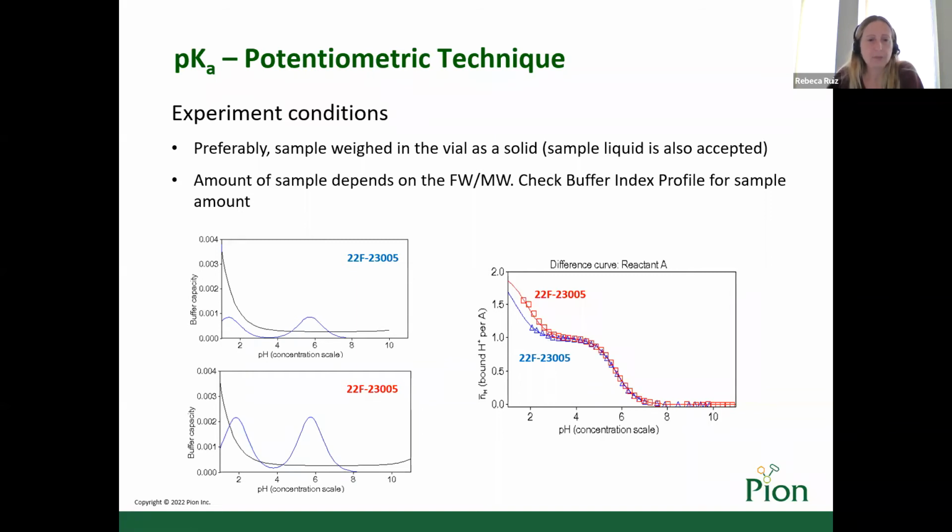However, the first pKa here is under the curve. And you can see that we have little data, so not enough to determine a pKa. However, if we increase the amount of sample, then the first pKa can be determined, and you can see it. This is the red file, so you can see that we have more data, so enough to determine the first pKa.